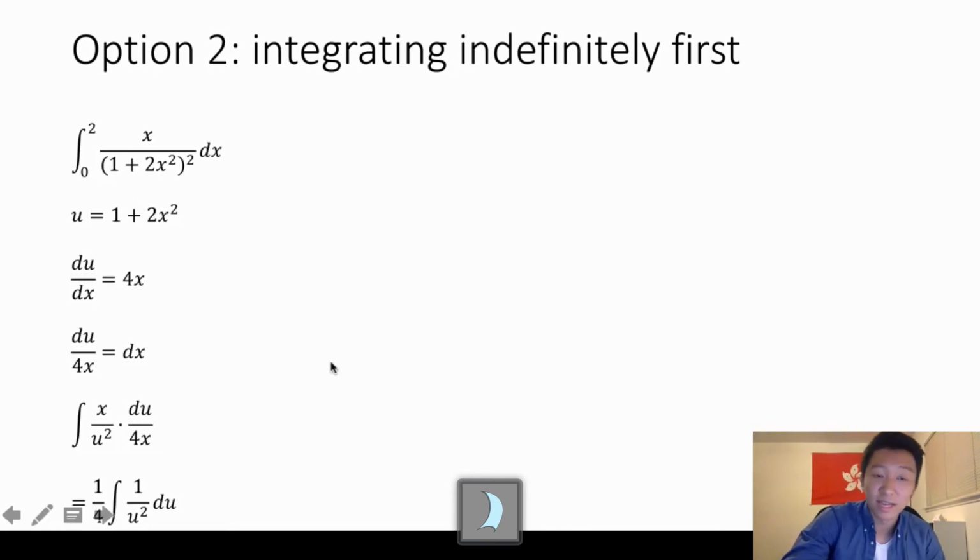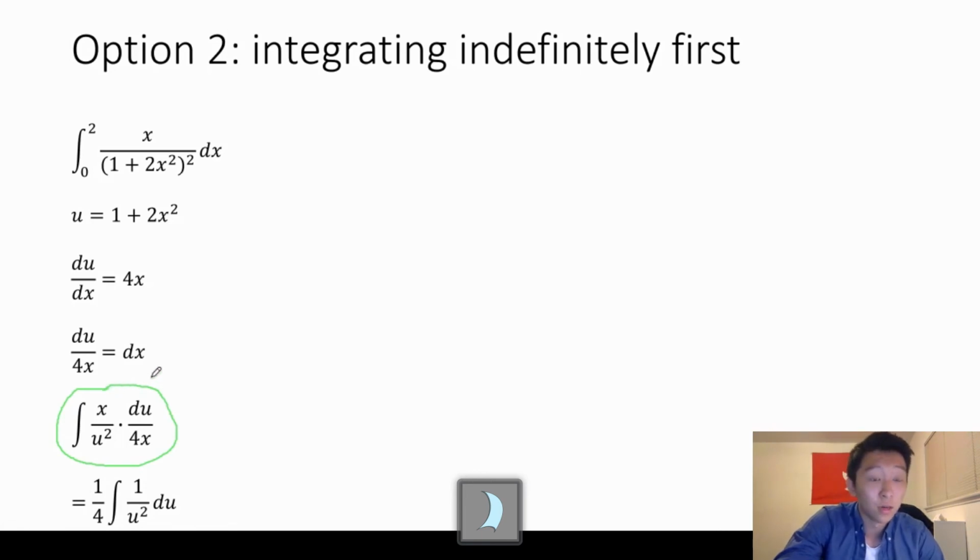You do the exact same thing as option 1: you find a u, differentiate the u, and rewrite it so you can isolate dx and substitute it back into your original integral. Here, instead of writing the bounds as 0 to 2, or even rewriting them as 1 to 9, just evaluate it indefinitely first, like you would for examples 1 and 2.